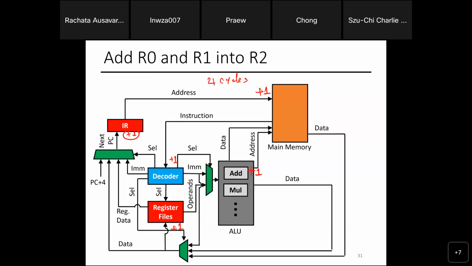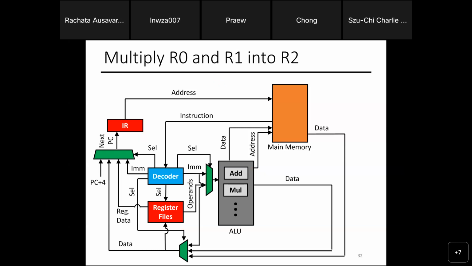Right? Each of the steps that you solve through your design will take one cycle, one cycle, one cycle, one cycle. Now, let's say I have to do a multiply. Again, the same thing, right? Fetch, decode, execute, and then write the result back to both the program counter and the register file.